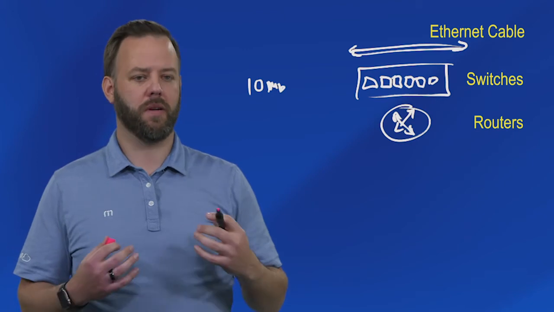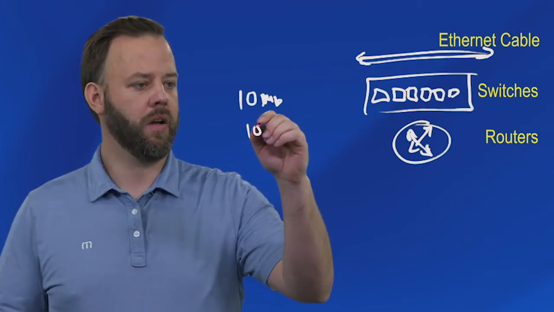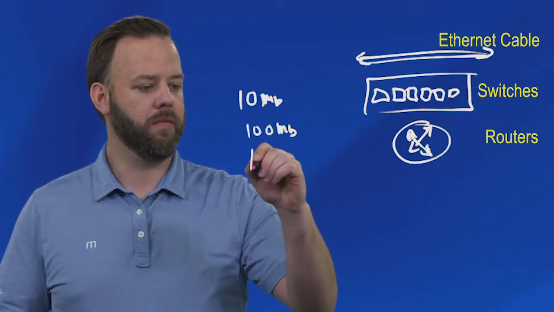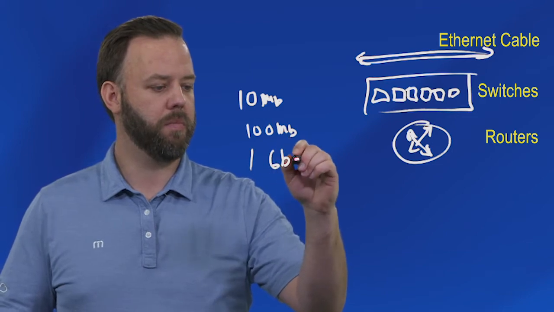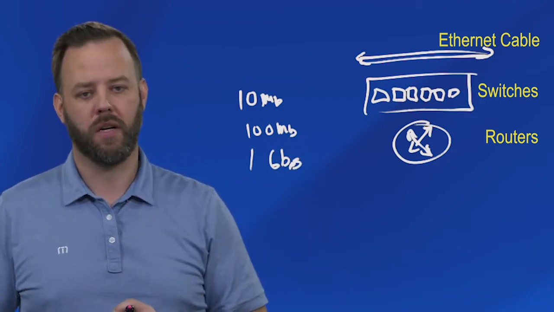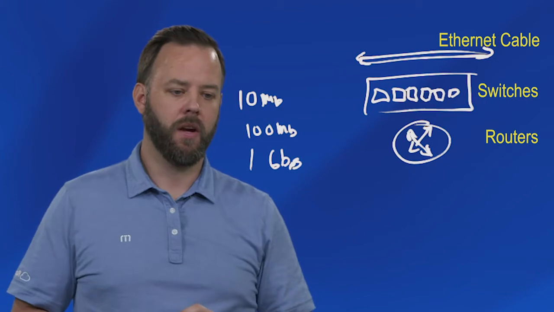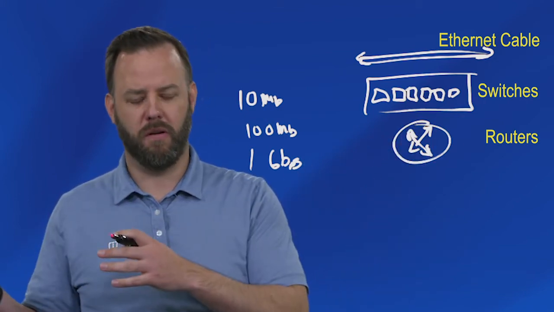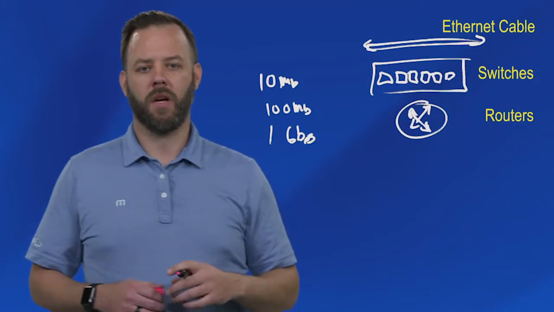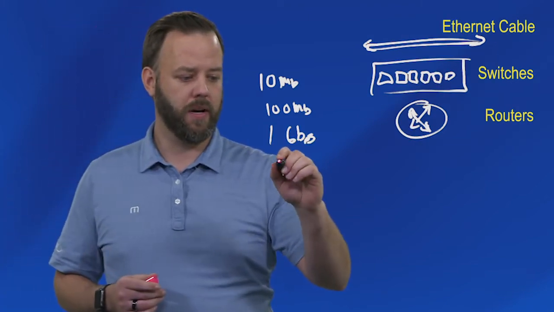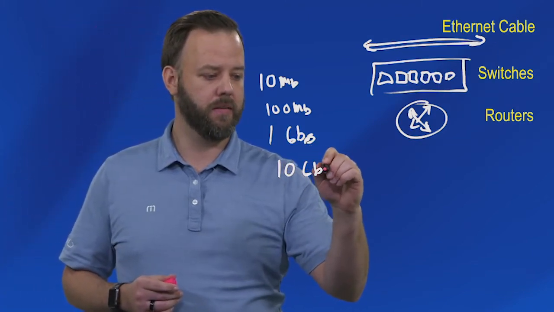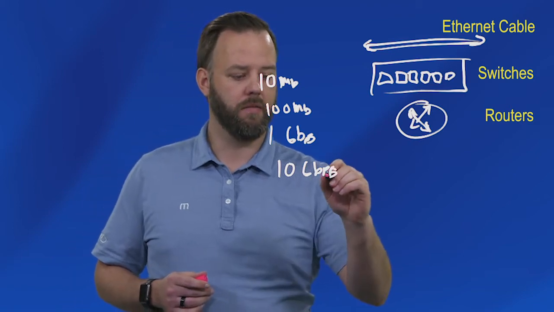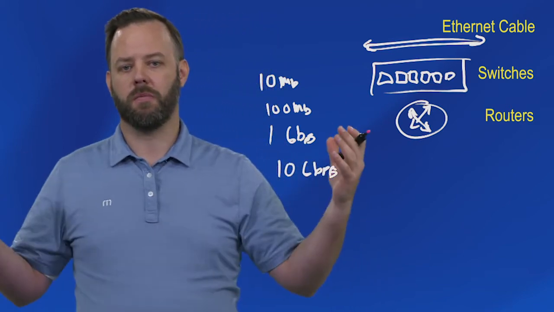These days, typically you don't see much less than 100 megabit, and even 1 gigabit per second as sort of the standard network speed. However, when you get to the cloud, those are way too slow for the internet to actually operate. So most cloud providers have a minimum of 10 gigabits per second of connectivity to multiple providers.